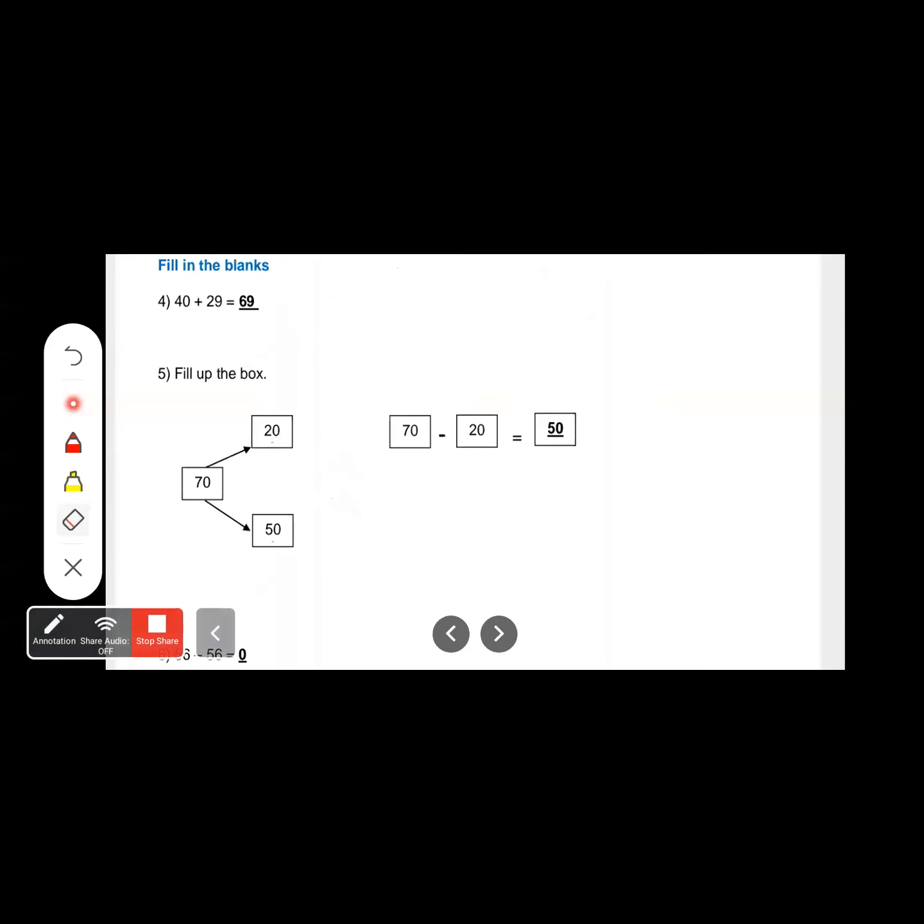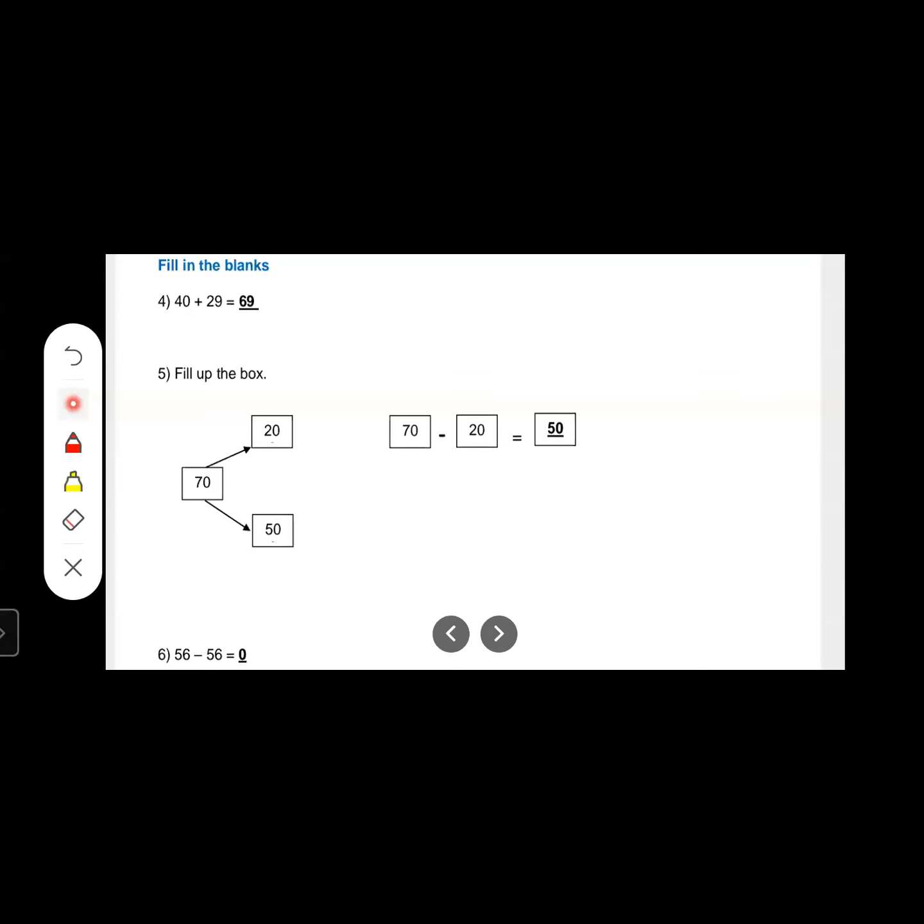This is very easy. 56 minus 56 is equals to, yes, 0. Okay, if any two same numbers are subtracted, then the answer will be 0 only. Like 70 minus 70 is equals to 0. 9 minus 9 is equals to 0.